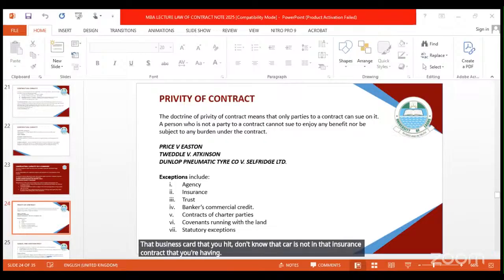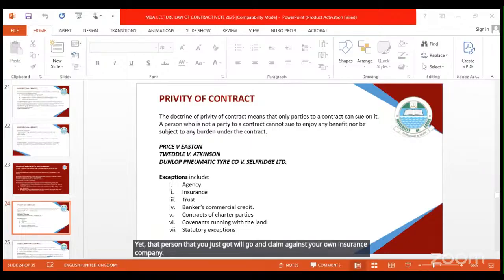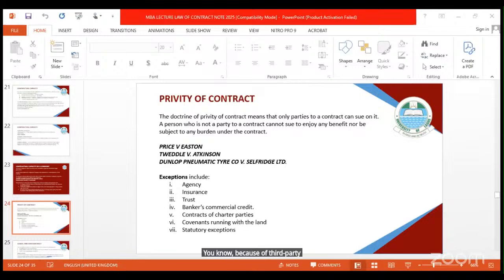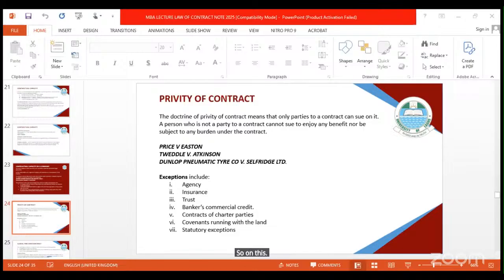Yet, that person whose car you hit will go and claim against your insurance company because of the third party liability insurance policy, right? At the same time, you can enter into a contract and transfer the benefit of that insurance to someone else, even though the person will not be a party to that insurance contract.